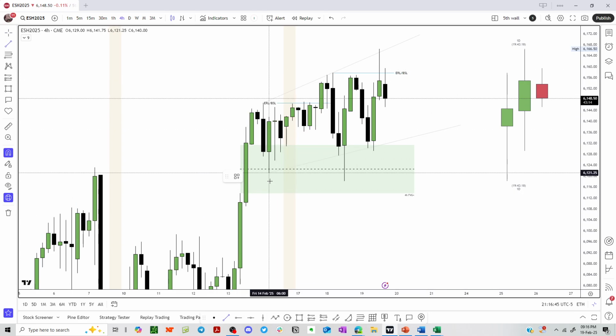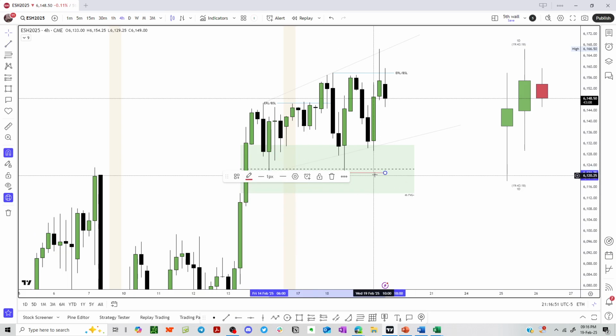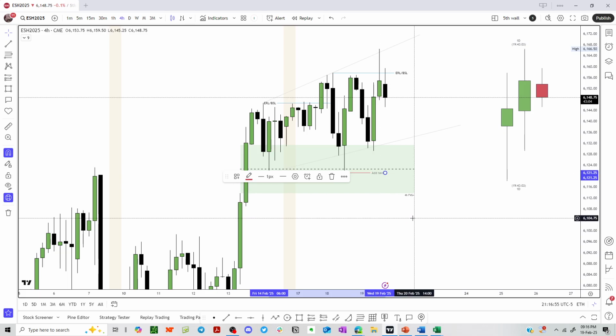Likewise here would be sell side liquidity. You can see sell side liquidity is raided. And you could also say that's order pairing, right?